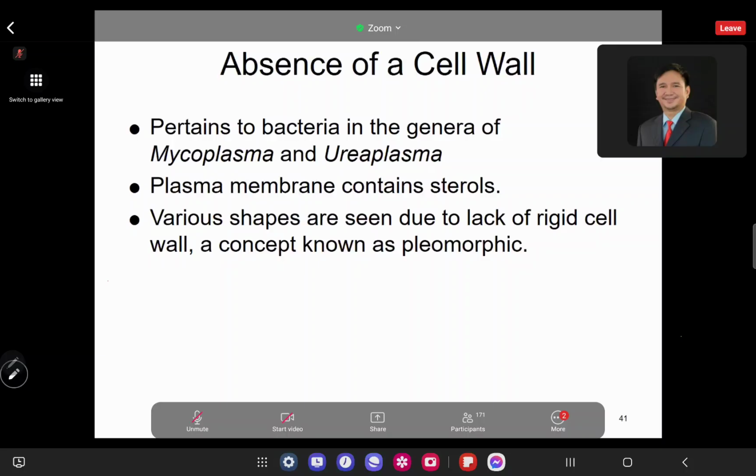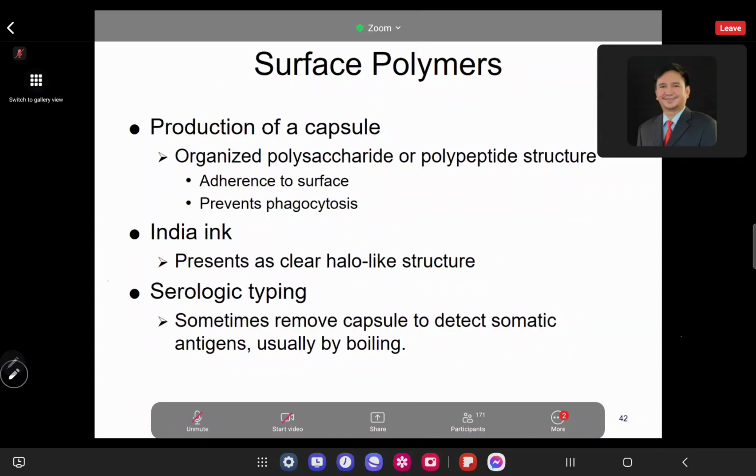So that would be the topic of the PowerPoint reading that I assigned. Penicillin will target the production of the cell wall. But without a cell wall, penicillin could not penetrate the cell. Penicillin is an antibiotic and it has a lot of derivatives that we use even up to now.